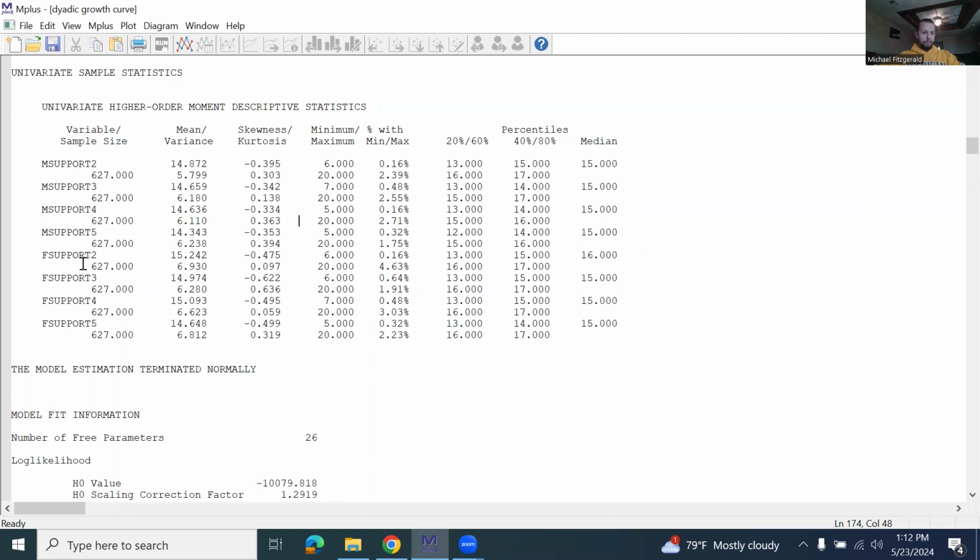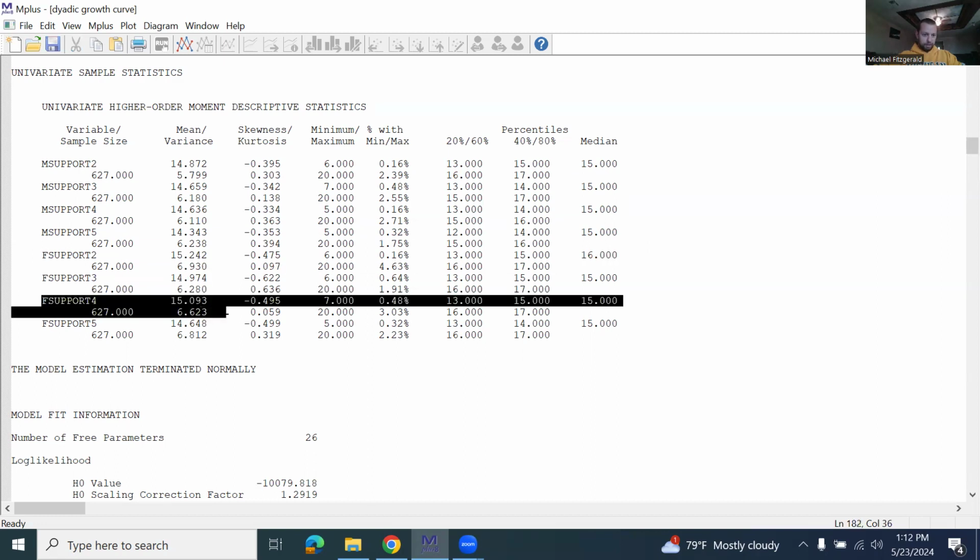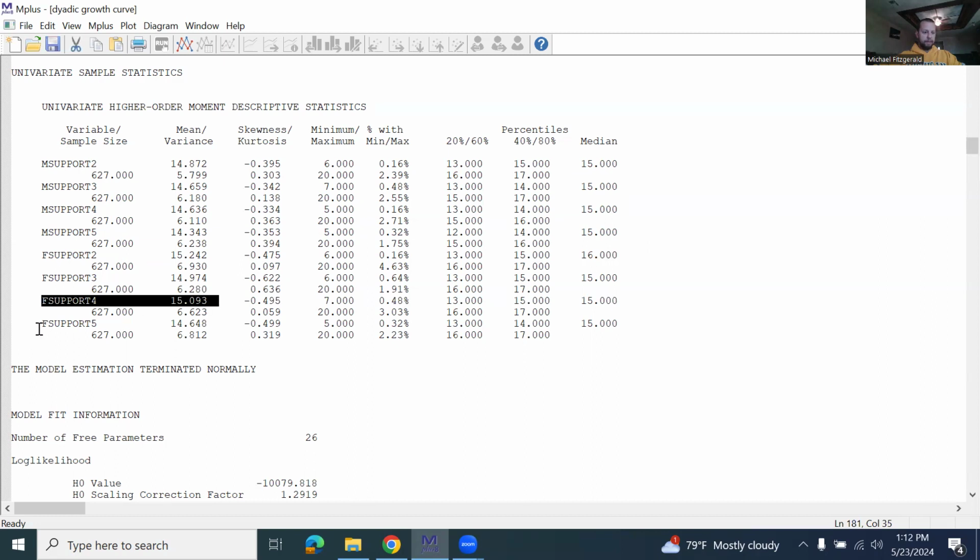And for female support, we have 15.24 and then 14.97, and then it goes slightly up again to 15.09, and then it goes down again to 14.65. And so again, we're seeing this general trend where on average, there are these declines in marital support over this 4-year period using the PairFam data.